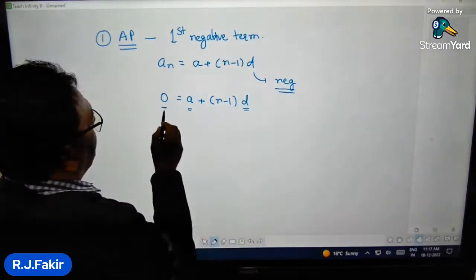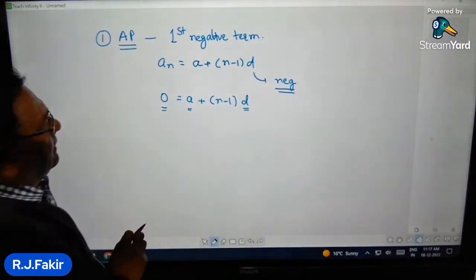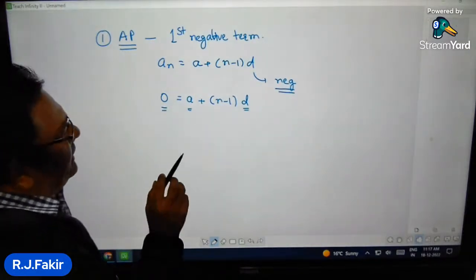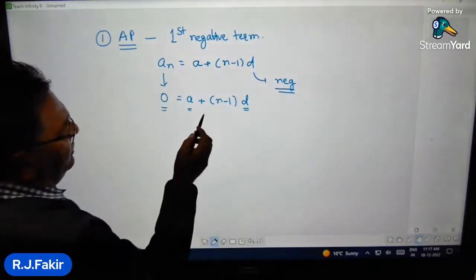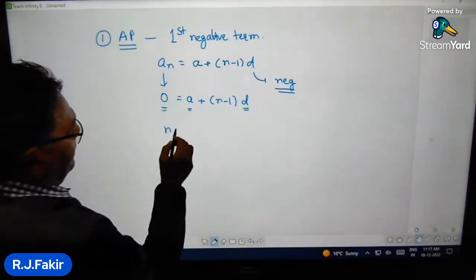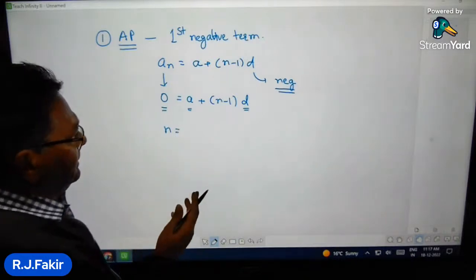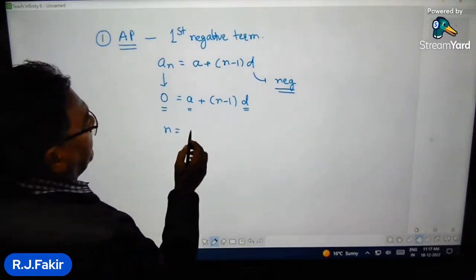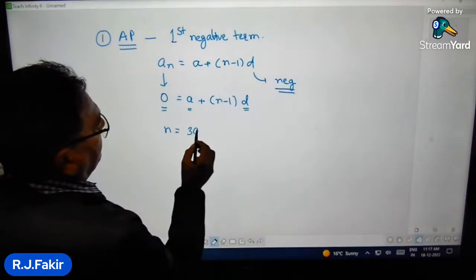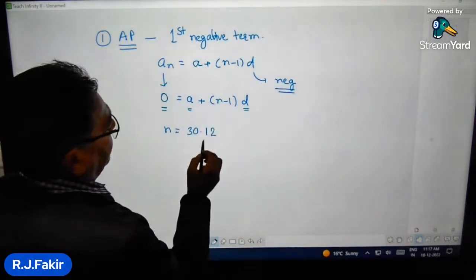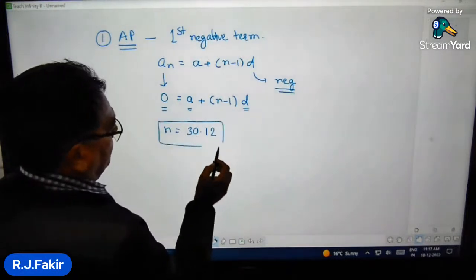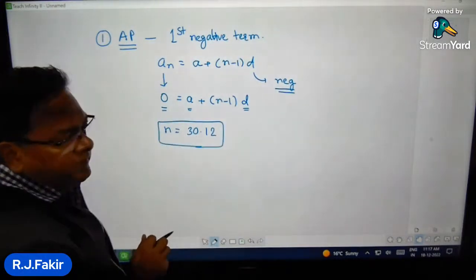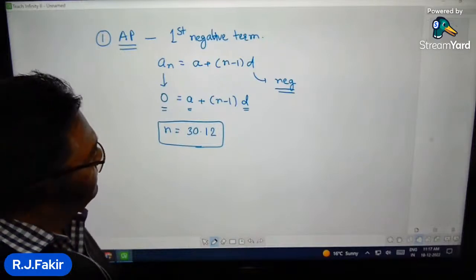So these three values you can get from that AP, and An we put as 0. Then you will find that, let us say, the value of n is something like 30.12. Now, n is always a whole number. It cannot be a fraction or a decimal.